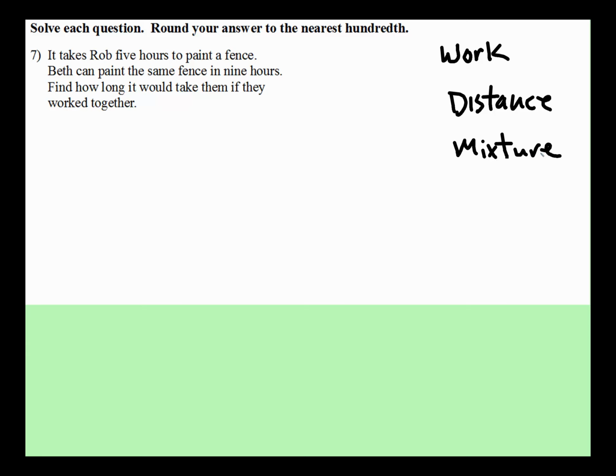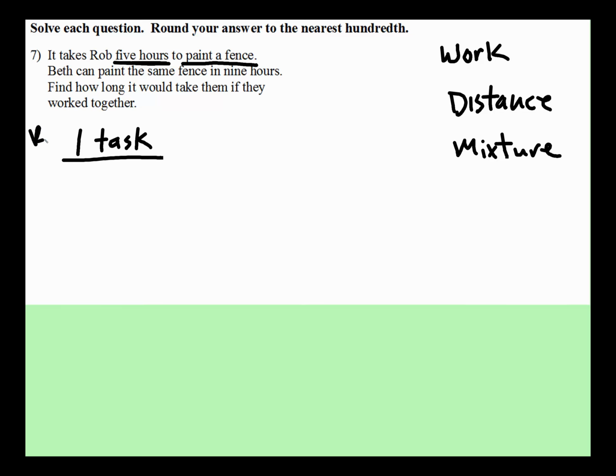So it takes Rob 5 hours to paint a fence. Well, right there, that phrase, think about that as a ratio, and this is a good way to set it up. So think about painting a fence as a task, one task.